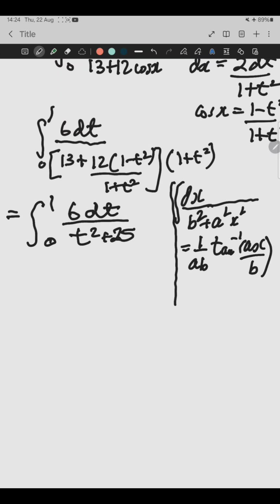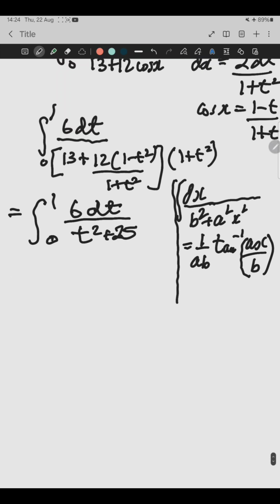On many examination boards, that particular formula will be on the menu. So applying this, and here the a is simply equal to 1, and the b is equal to the square root of 25, which will be 5.